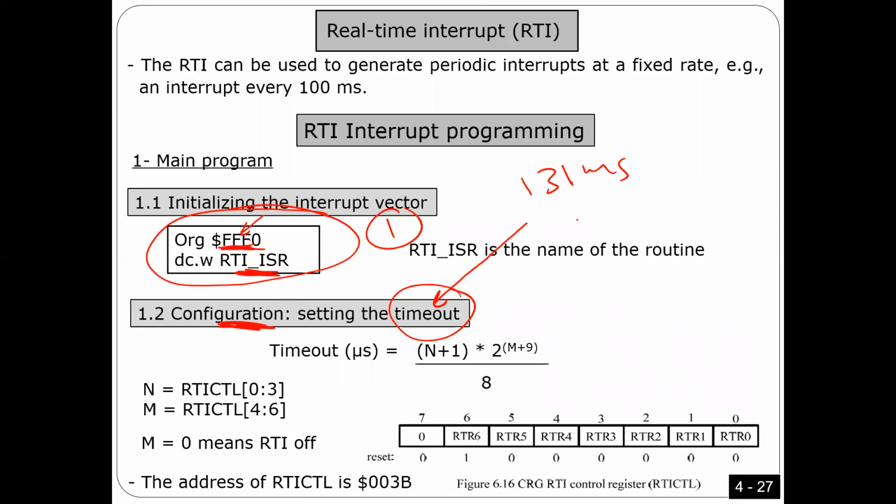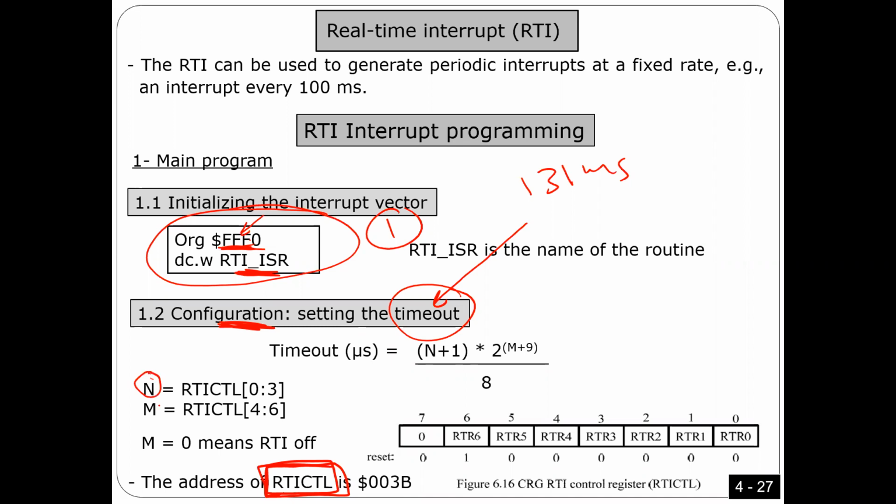Very easy. We have a register, and this is the name of the register, RTI-CTL. This register is used to set the timeout. How is it used? I'm going to tell you how. We have two values.